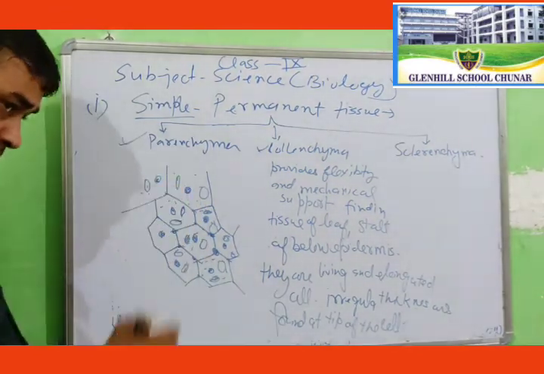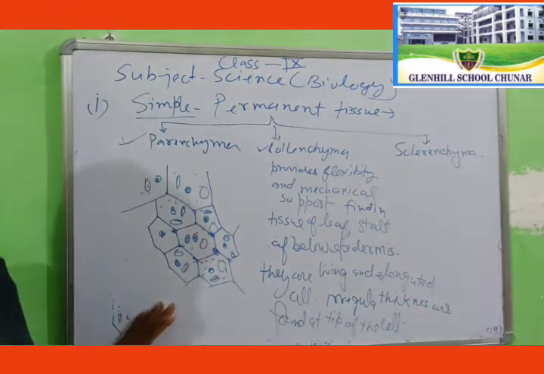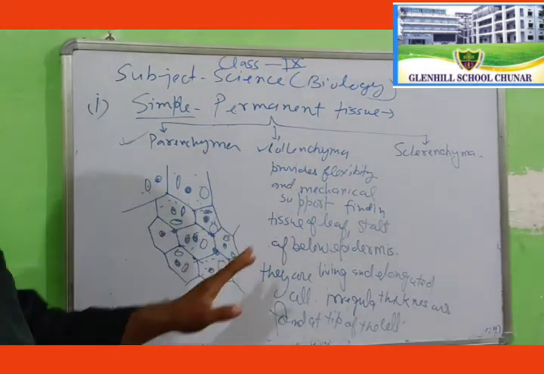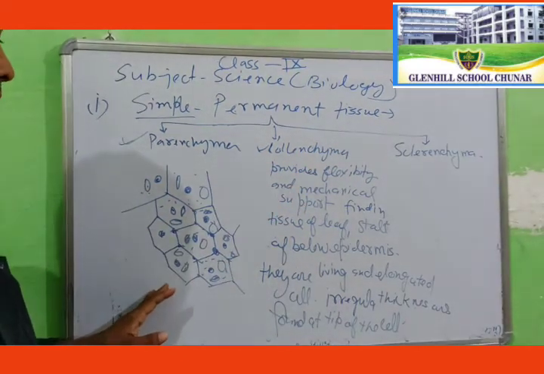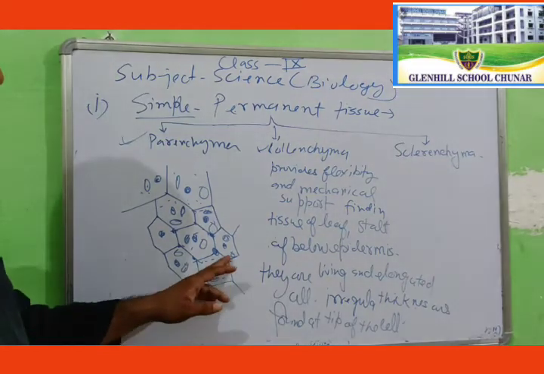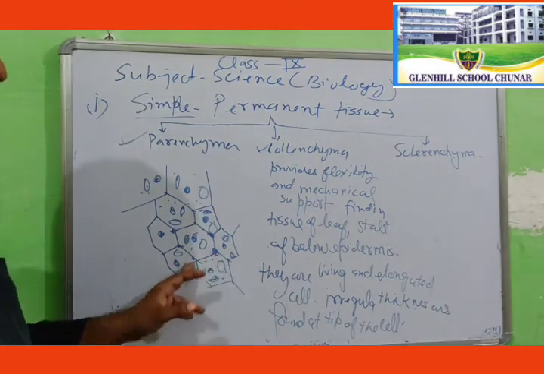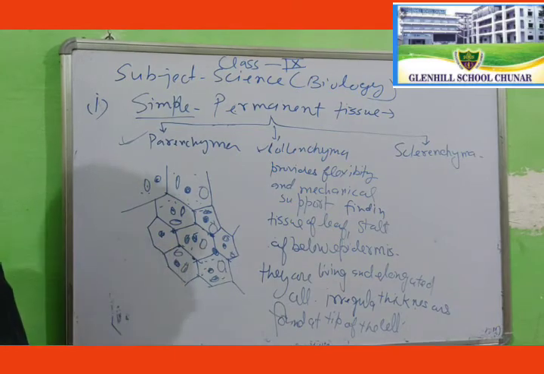No intercellular space is found in the collenchymal tissue, and their cells are pointed and irregular.